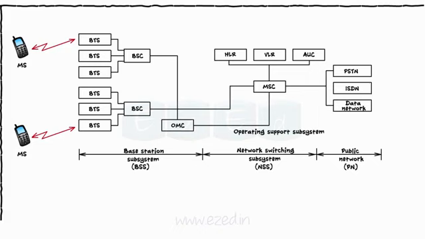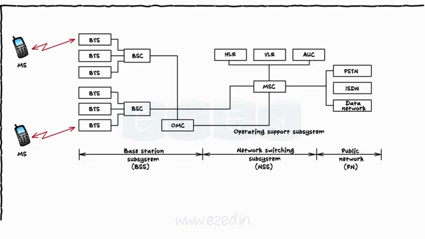It has two different blocks: BTS, base transceiver station, and BSC, base station controller. Practically, every MS gets connected to the BTS of that area. This BTS sends the signal to BSC. Many BTS are connected to one BSC, and at the end of this, BSC is connected to MSC. Hence, the BSS consists of BTS and BSC.